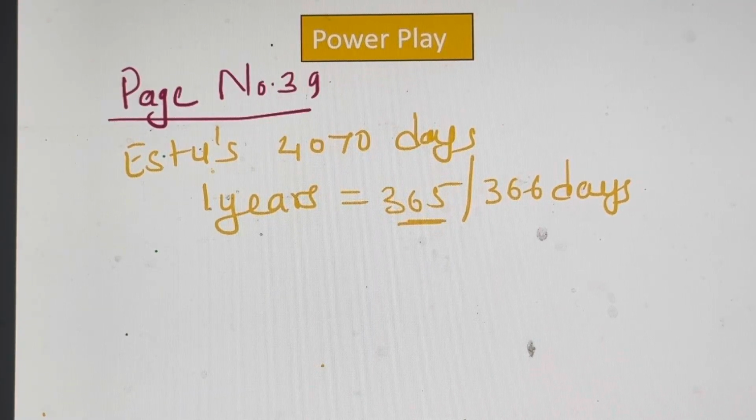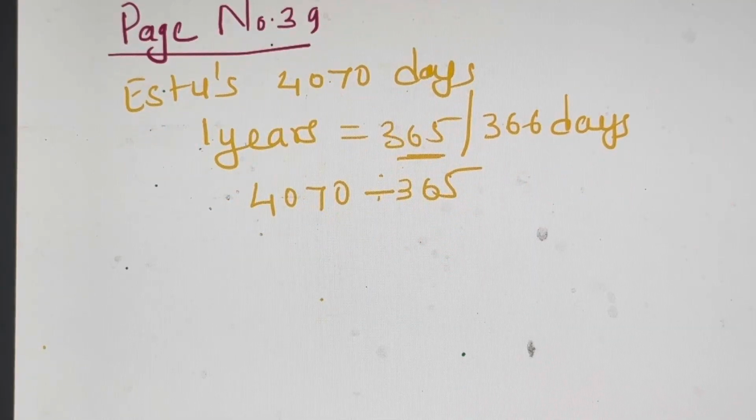So we divide 4070 days by 365. So you'll get the age in years. Okay, so first let us divide. Now you would wonder, why are we dividing? Just remember, when we are going from small to big, days and year, there is a difference. So always divide. If you are going from big to small, year is big compared to days, then you will multiply because the number of days will be more.